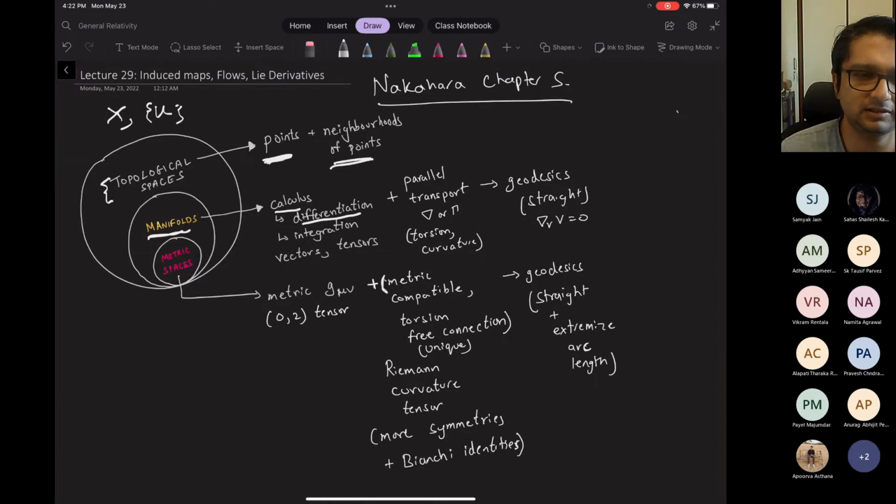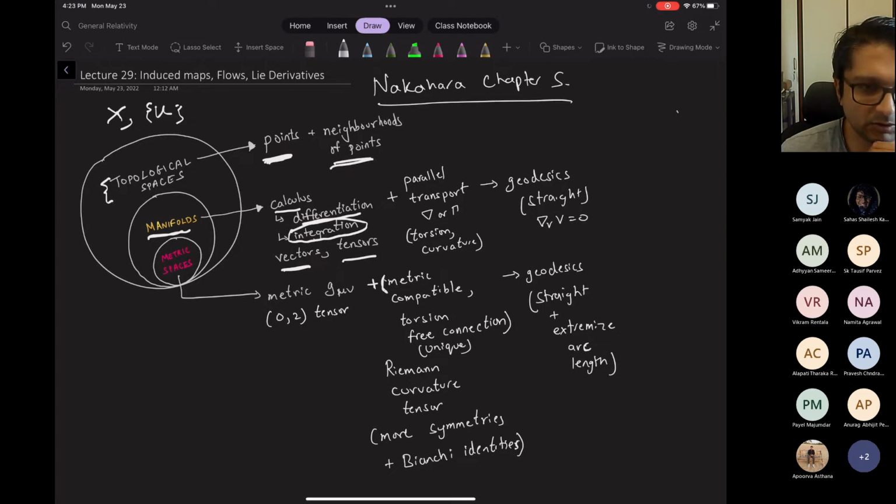So we would define vectors and differentiation, and then we generalized vectors to dual vectors and tensors as well. There's a notion of integration as well on manifolds, and that's something that maybe we'll discuss in some of the summer classes.